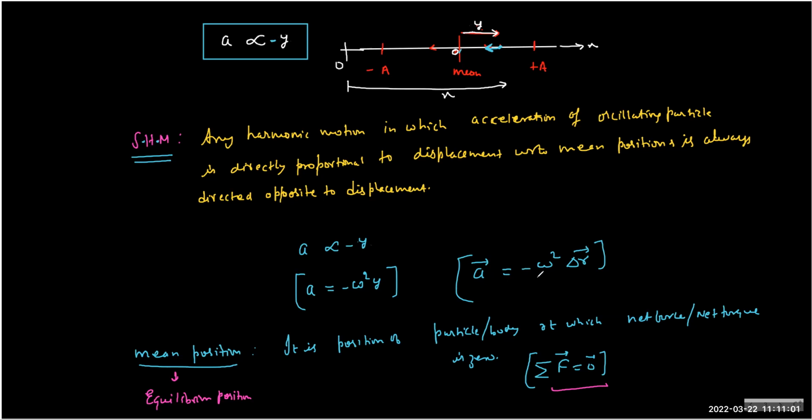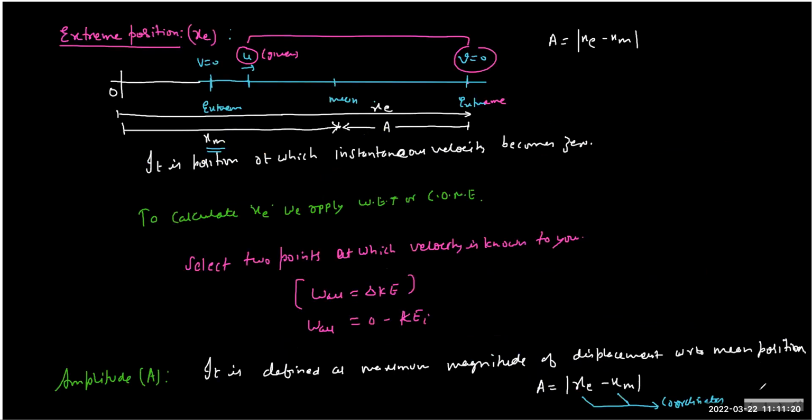So a is equal to minus omega square delta r, and delta r is the displacement with respect to the mean position. So let me show you in vector form how to write in two dimensions.